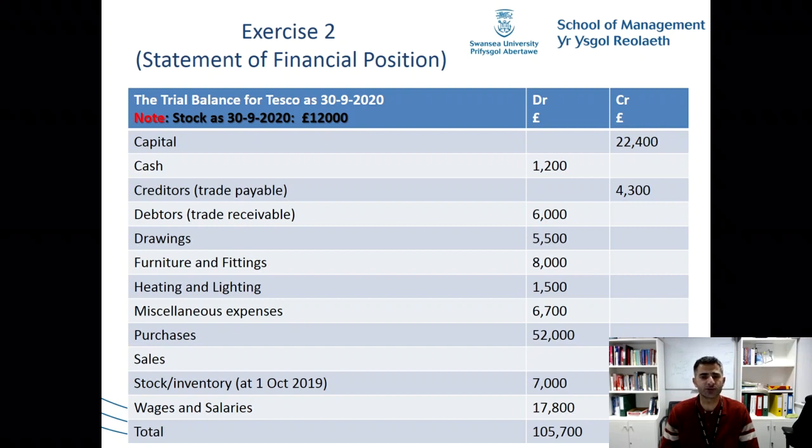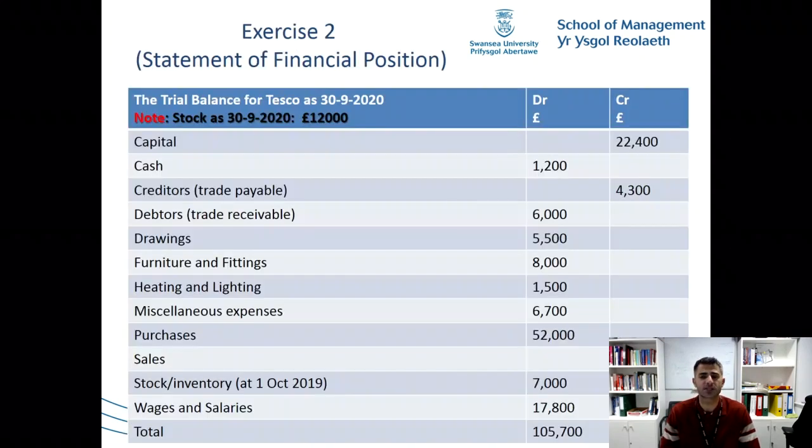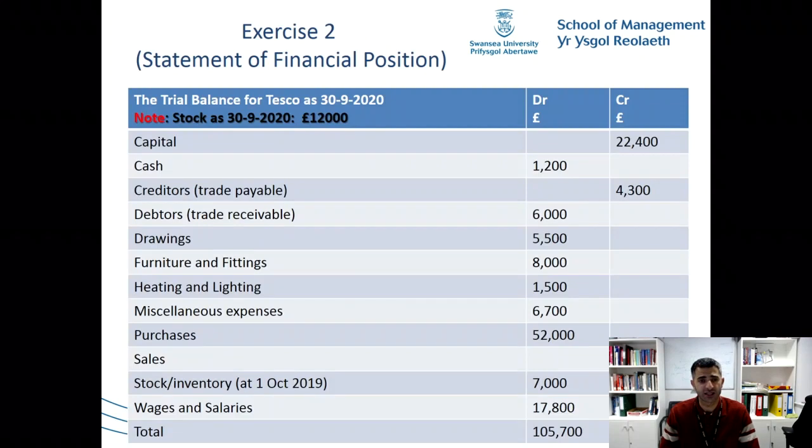Can you see, guys? 12,000. This is the closing stock. Trade receivables, again from the question, 6,000. Trade receivables, debtors. And again cash. Can you see, guys, cash in the second one? 1,200.